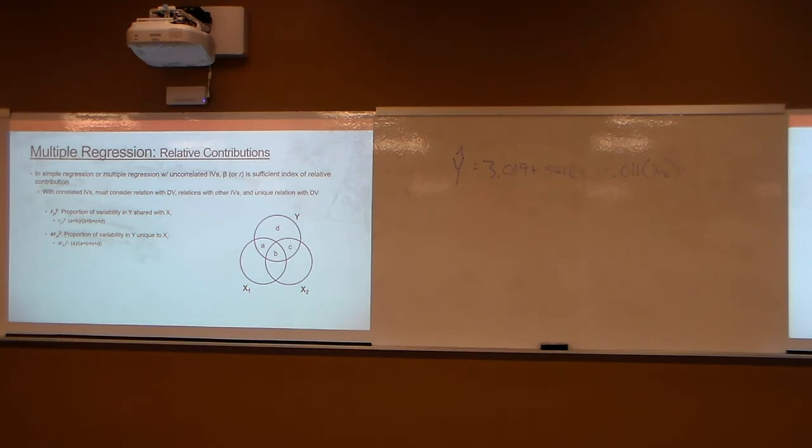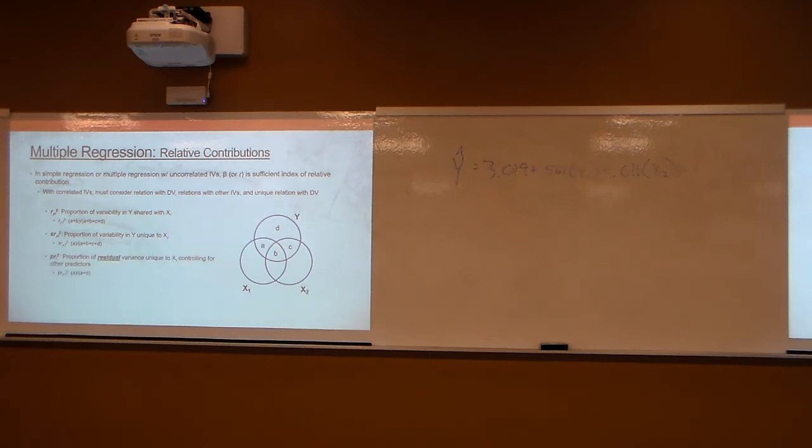But in my squared semi-partial, X1 didn't get credit for B because it's also shared with Y. So, people seeing the difference between squared correlation and squared semi-partial correlation? My squared semi-partial correlation is the proportion of total variability in y that's unique to x.